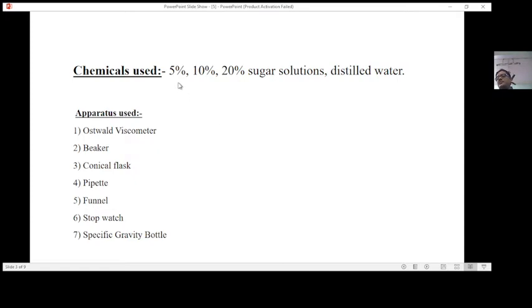Next is 5% sugar solution weight by volume, 10% weight by volume, and 20% weight by volume. The apparatus we have to take are Ostwald viscometer, beaker, conical flask, gate funnel, stopwatch, and specific gravity bottle.